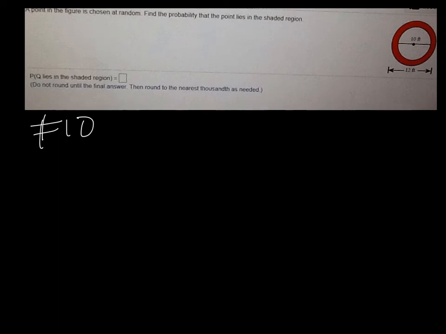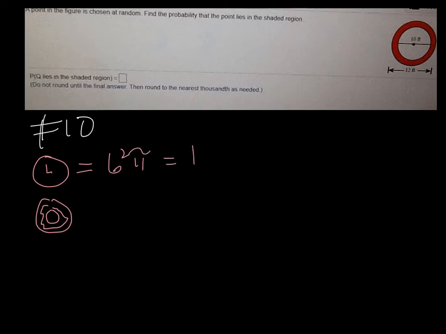So it's kind of the same thing. I have a large circle, and then I have my shaded region right here. So my large circle, my total, my radius here would be 6 radius squared pi, which would be 113.04.